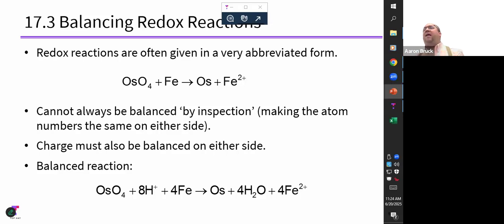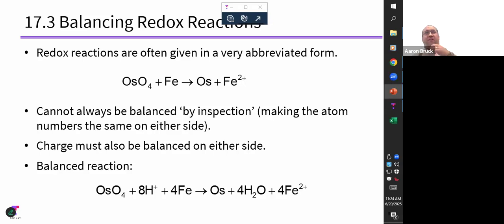But we did talk about net ionic equations a lot in Chem 105. And redox reactions are often given in their net ionic forms primarily because it's easier to view them that way.